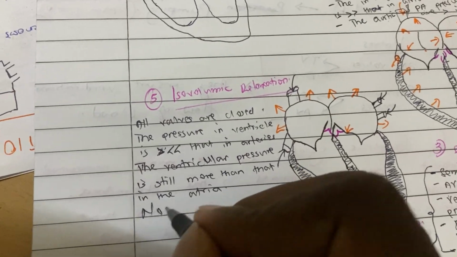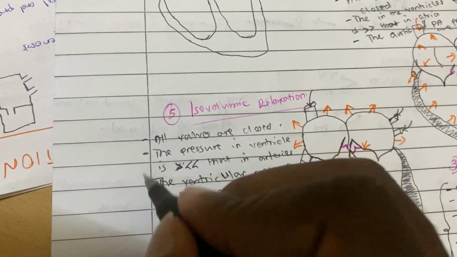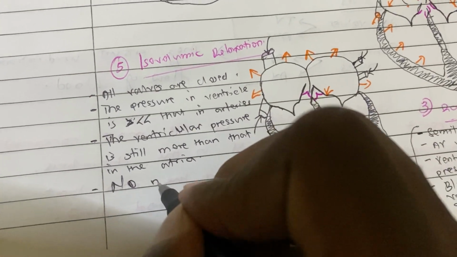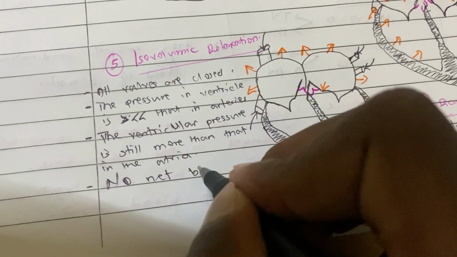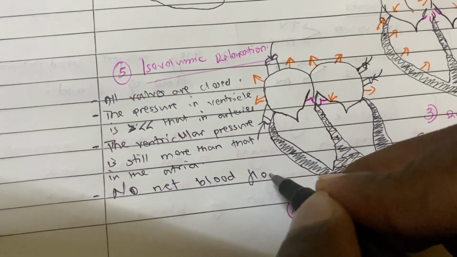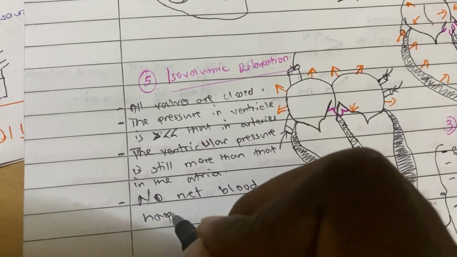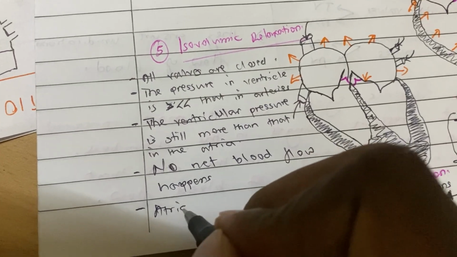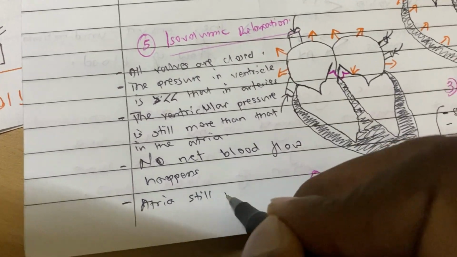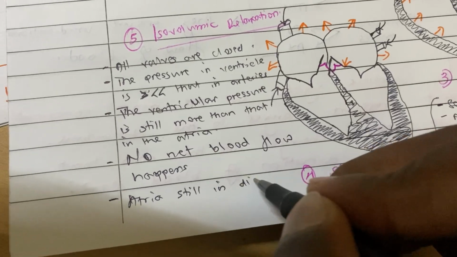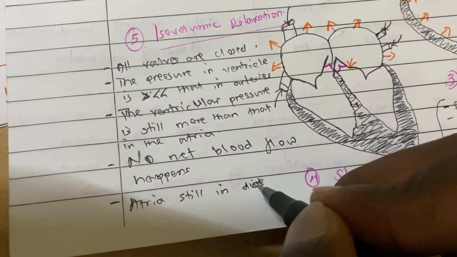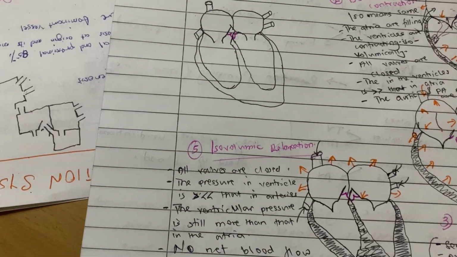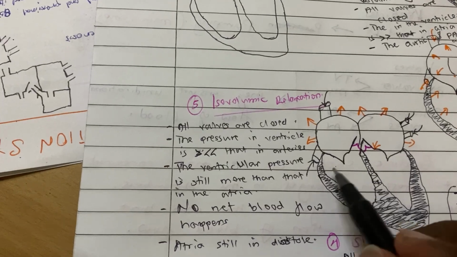So no net blood flow happens. Atria still in diastole. They are still feeding. So this is phase 5.